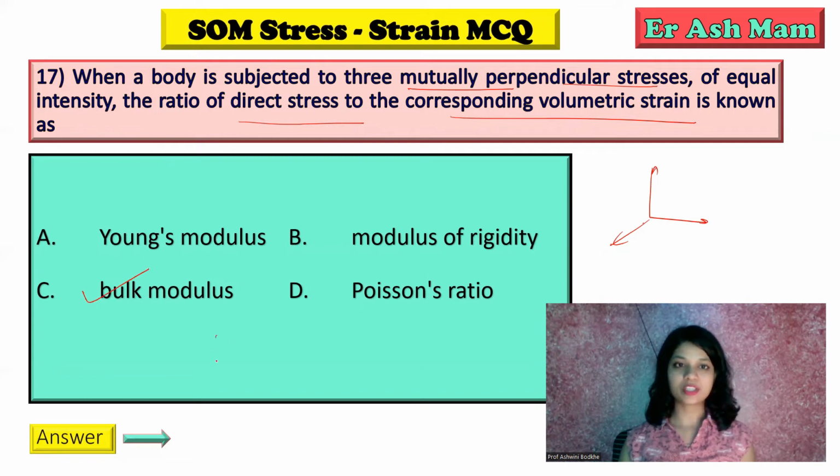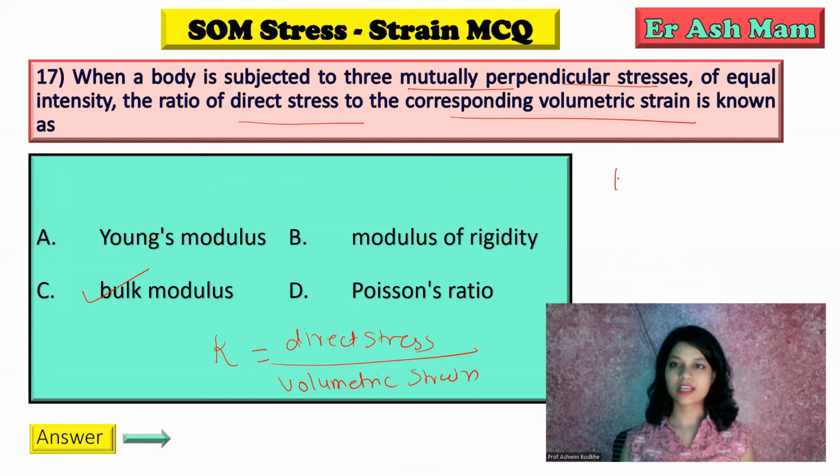We know that bulk modulus is denoted by symbol K, which is the ratio of direct stress upon volumetric strain. Therefore, answer C is correct here.